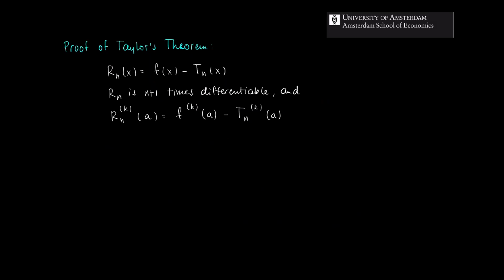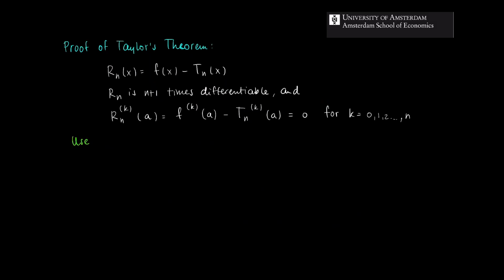But the nth order Taylor approximation is exactly the polynomial which is tangent to the graph of the function to degree n. So now we have this function R_n, which is n+1 times differentiable, and a lot of derivatives vanish.